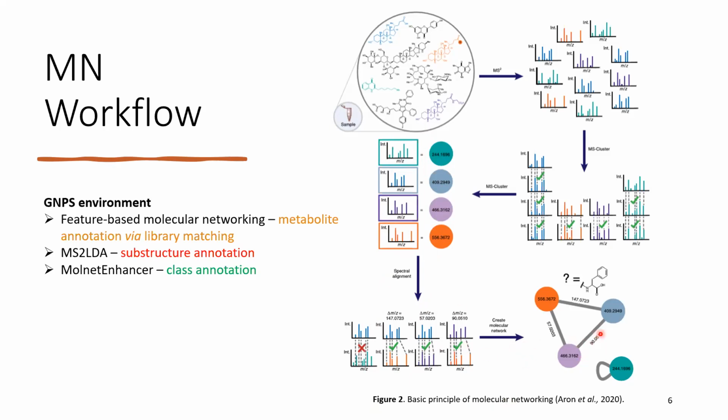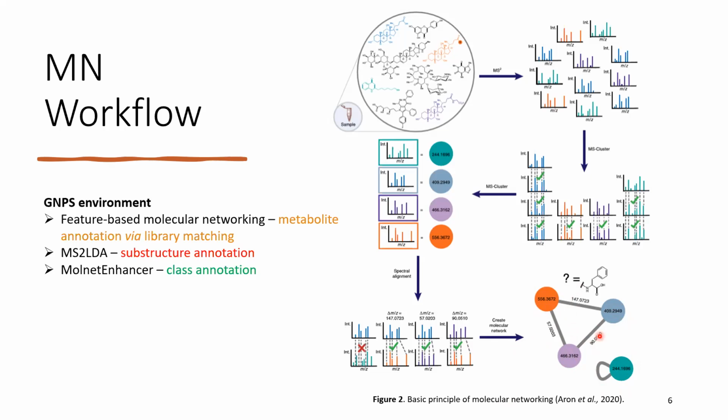And this ends up yielding a cluster of nodes that are connected to one another. As you can see, these 3 nodes are connected, which means they have similar spectra, and that means they are structurally similar. As you can see, there's a singleton on the side here, which means this molecule is structurally different from this cluster of metabolites.